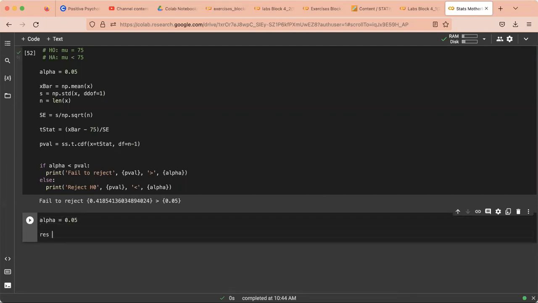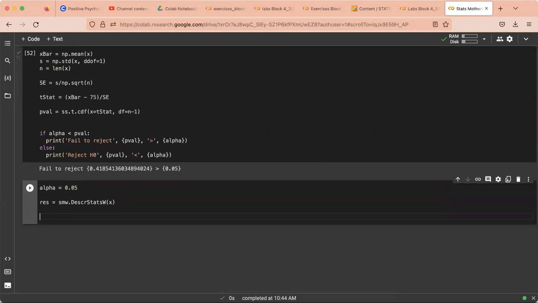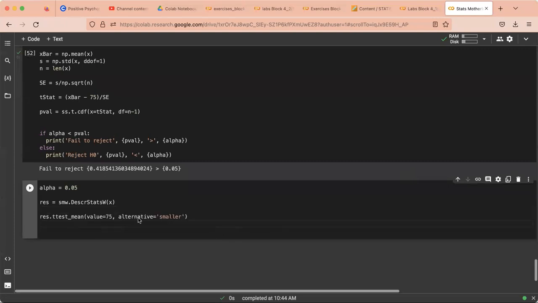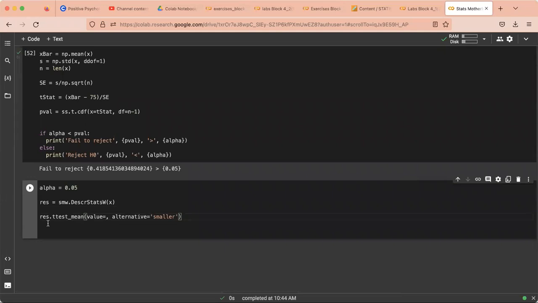Then you do res equals SMW, which is stats W, of X. Give me 1 second, I'm just copying the formula. Here you have to get three different things: your t-stat, your p-val, and your degrees of freedom.